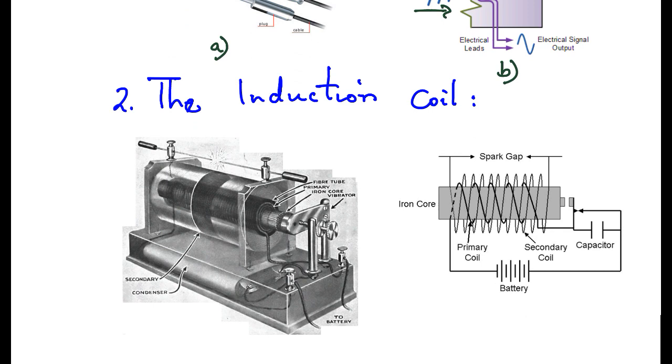Diagram 1 is the actual representation of an induction coil, while diagram 2 represents the functional parts of the induction coil. We have the spark gap, which in the circuit diagram is that.